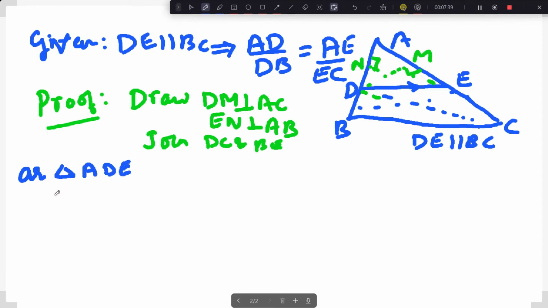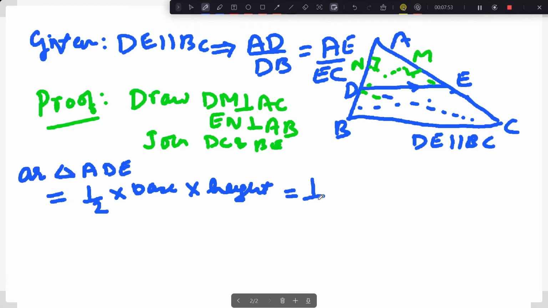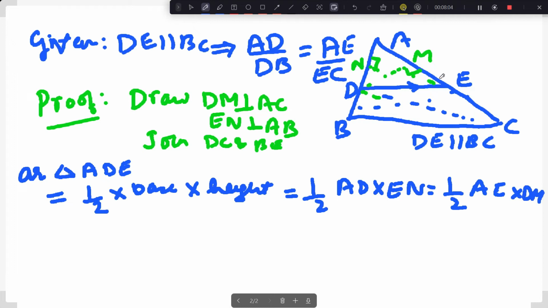Now you can see that this area can be expressed in this way. ADE has two altitudes, so it can be expressed in either of them, as half base into height. So how can it be expressed? Half AD into EN, or it can also be expressed as half AE into DN, because DN is perpendicular to this, the altitude of this, right? Now let's look at more. BDC, right?